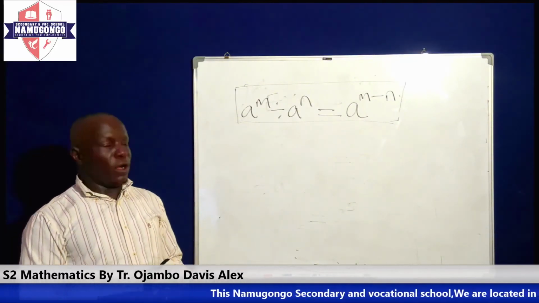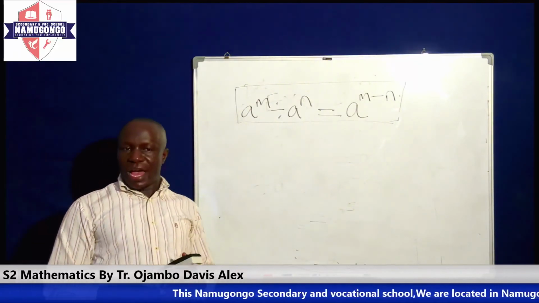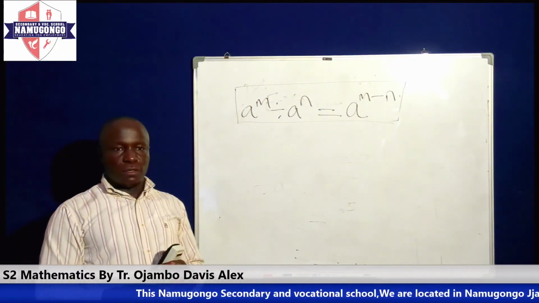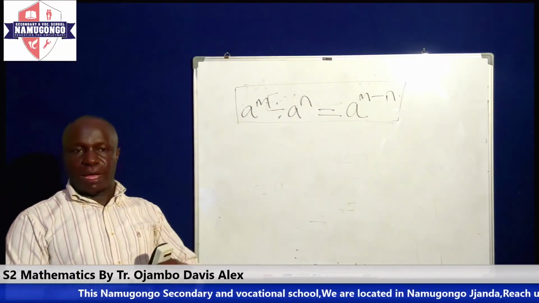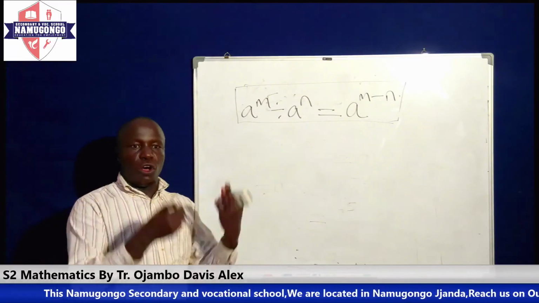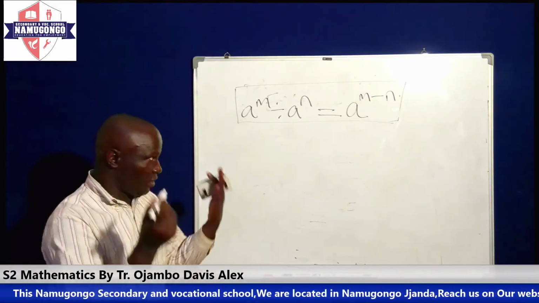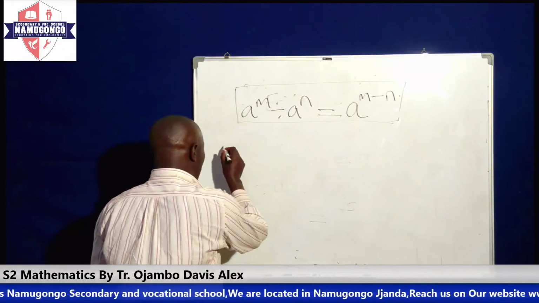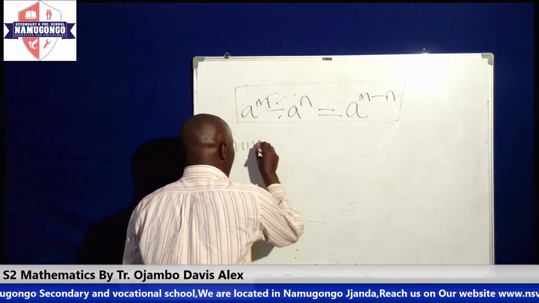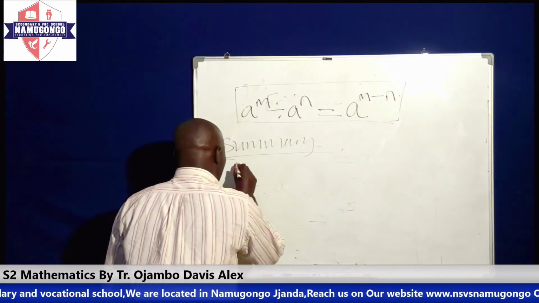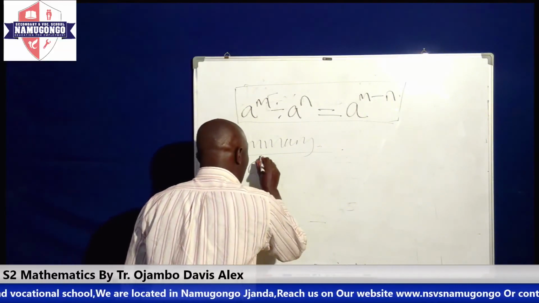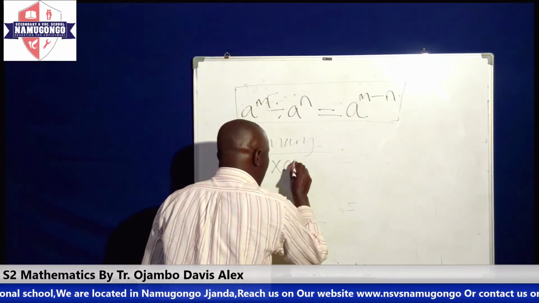So now we're going to look at our third law. But first, I am going to summarize the first two laws of indices. We have looked at our first law of indices, which is a raised to the power of m times a raised to the power of n.